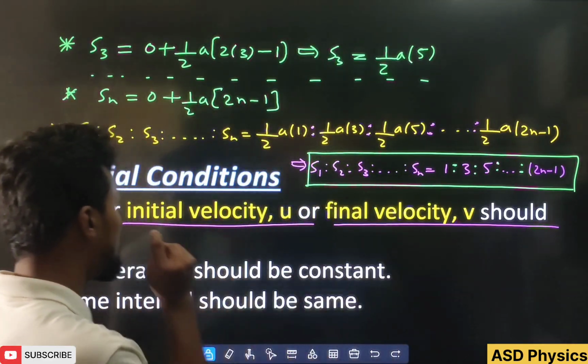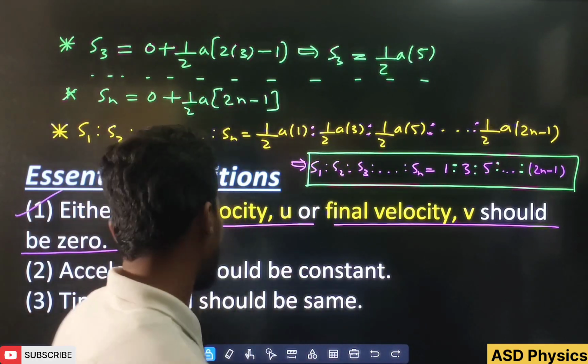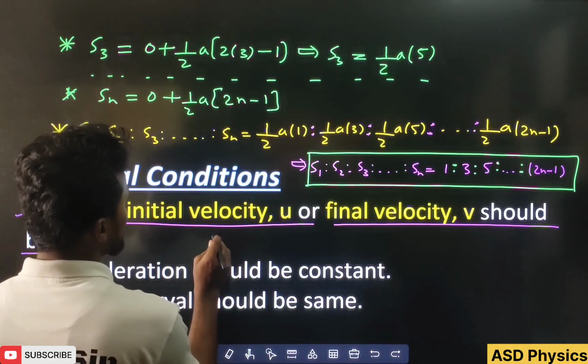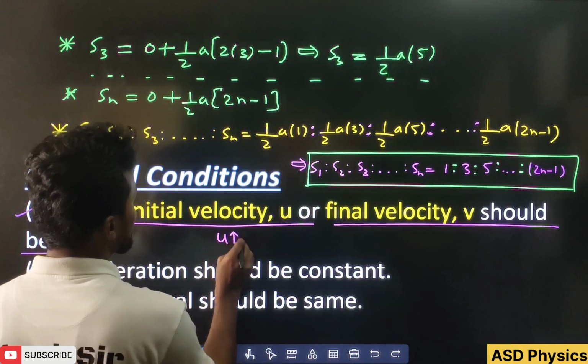So the condition is that either u should be 0 or v should be 0. Here the speed should be increasing, correct?